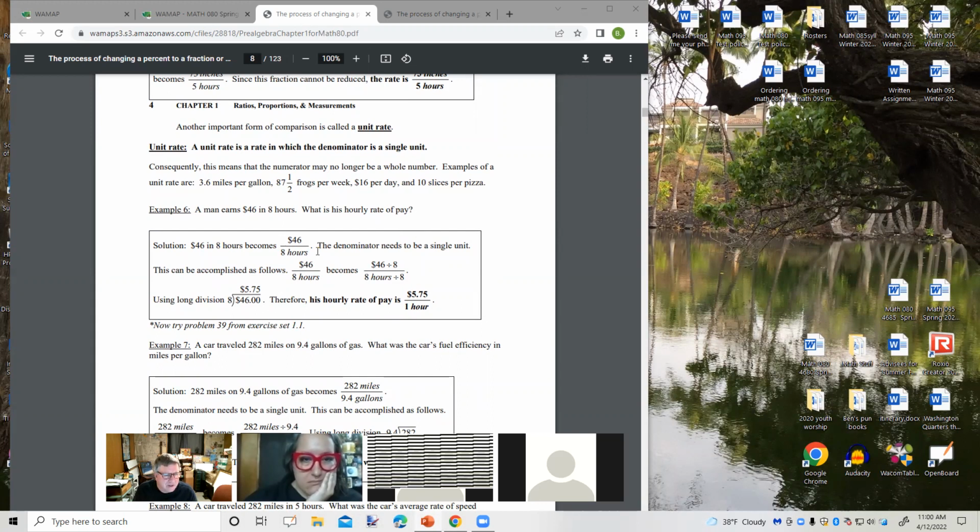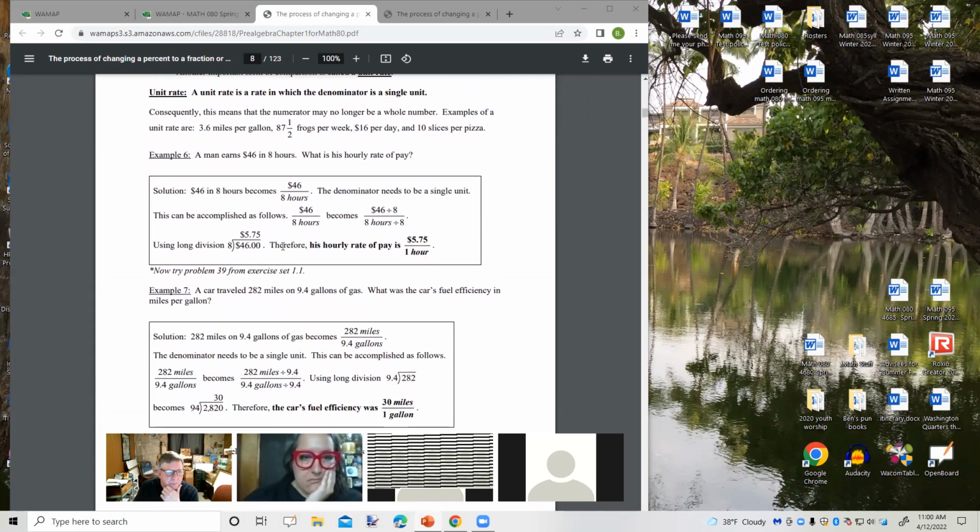Let's take a look at example number 6 there. A man earns $46 in 8 hours. What is his hourly rate of pay? So it's going to be so much per hour because it's hourly rate. So $46 in 8 hours becomes $46 over 8 hours. Okay. The denominator needs to be a single unit.